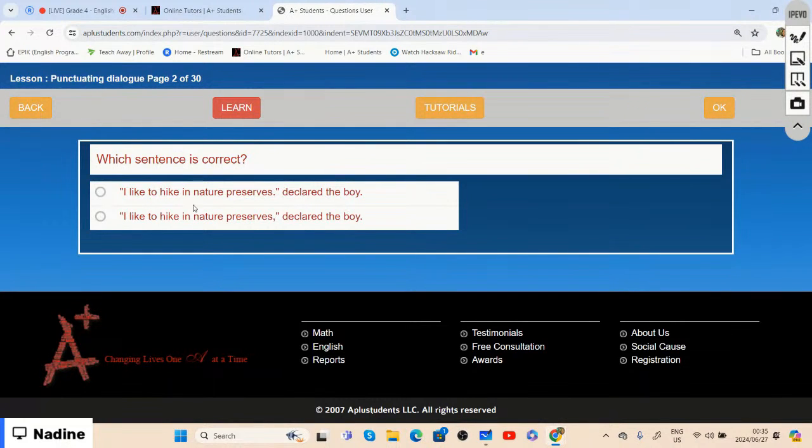All right, it says, "I like to hike in nature preserves," period, declared the boy. Or option two, "I like to hike in nature preserves," comma, declared the boy. Which one is correct? Option one or option two? Does it end with a period or does it end with a comma?